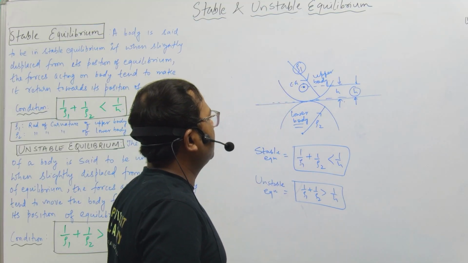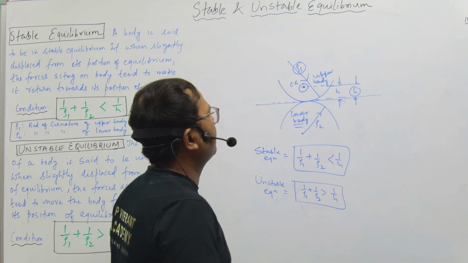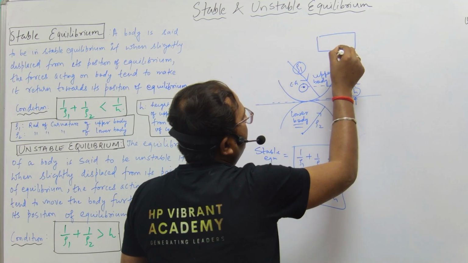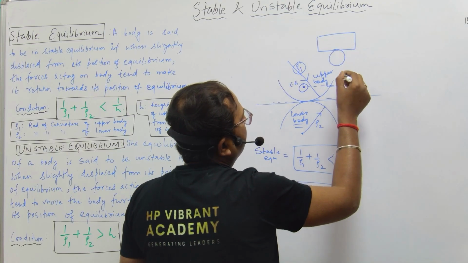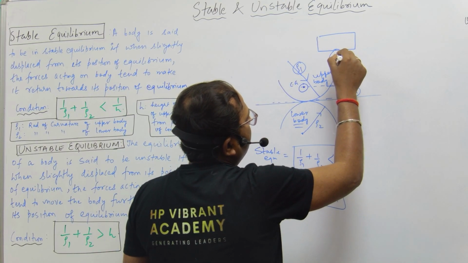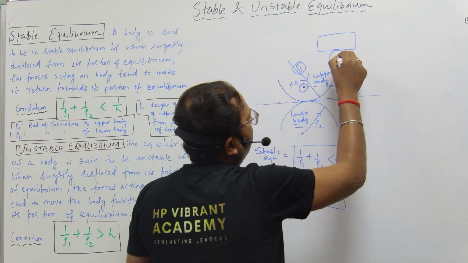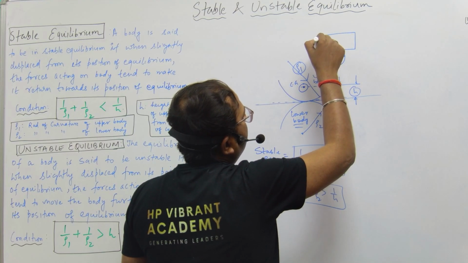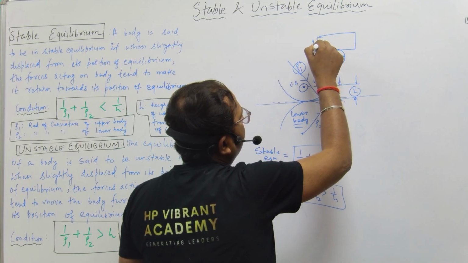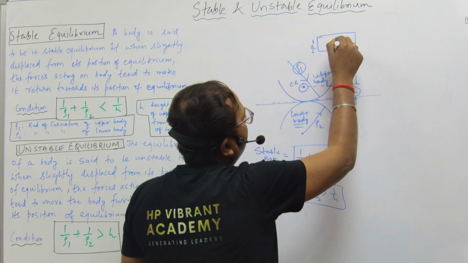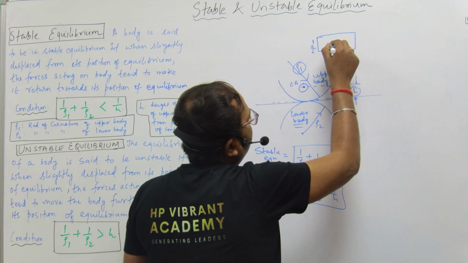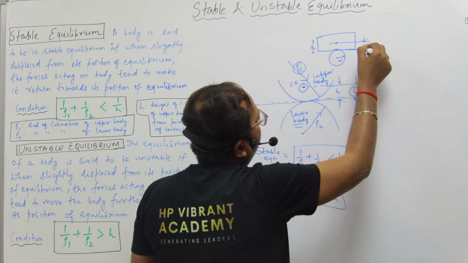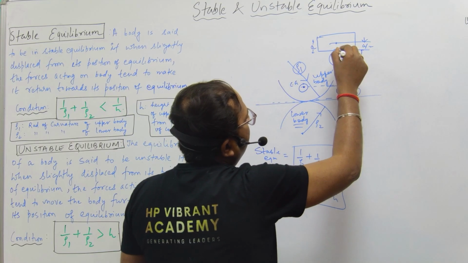Suppose this upper body is a plane surface and the lower body is like this. Suppose the lower body is of radius r and the upper body is a cuboid with height a. So the center of gravity will lie here, at a height of a upon 2 from the point of contact.